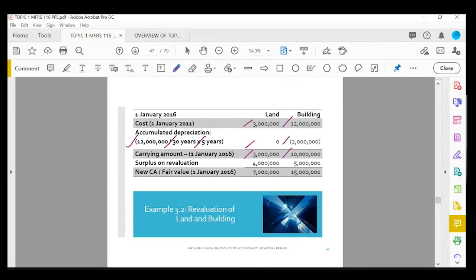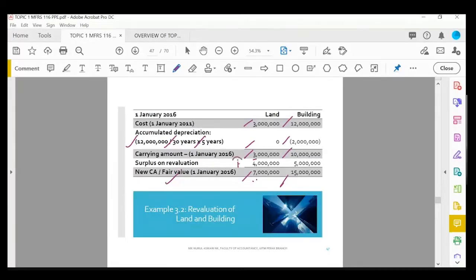Before we get any deficit or surplus on revaluation, we are going to compare the carrying amount with the fair value. So you provide one line for the fair value or the new carrying amount. Land is 7 million, building is 15 million. Then we look at the difference between the carrying amount, 3 million, with the fair value, 7 million. So there is an increase by 4 million.